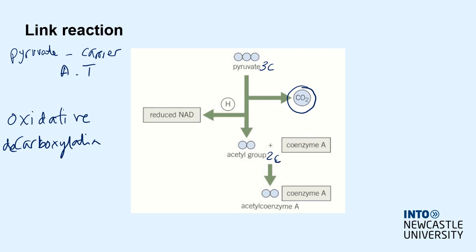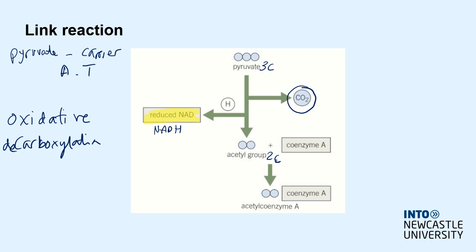In the process of producing this 2 carbon compound, we're also going to produce a molecule of reduced NAD, and remember, we can call that NADH if that is easier for you.